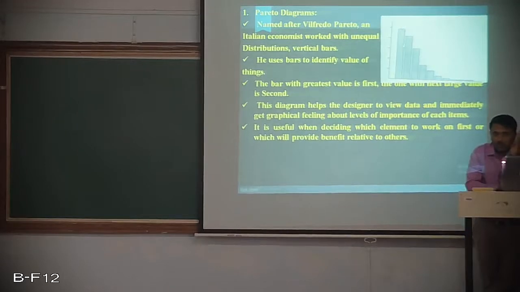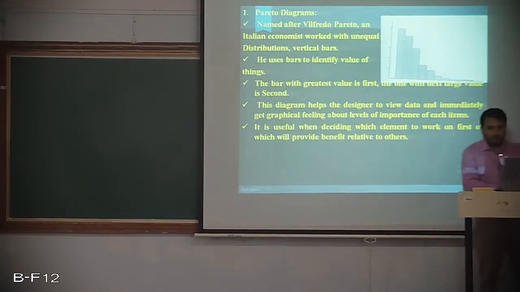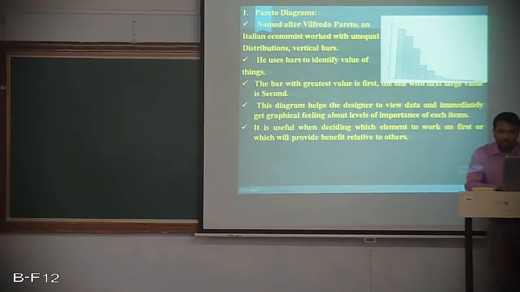If I feel the fourth is the next important design, then I represent the fourth at the second level, and its bar will be slightly smaller than the first. If I feel the first is next in importance compared to the third and fourth, then it will be represented after this, and last the fourth.